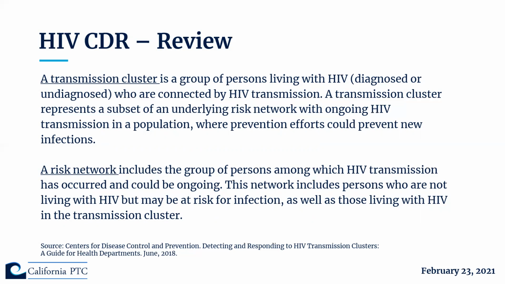A risk network includes the group of persons among which HIV transmission has occurred and could be ongoing. This network includes persons who are not living with HIV but may be at risk for infection, as well as those living with HIV in the transmission cluster.